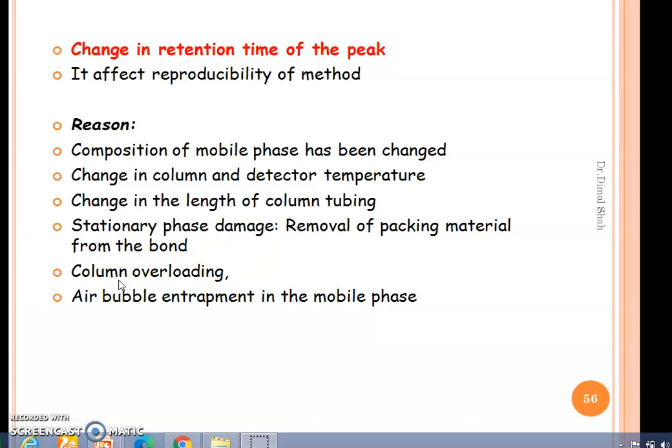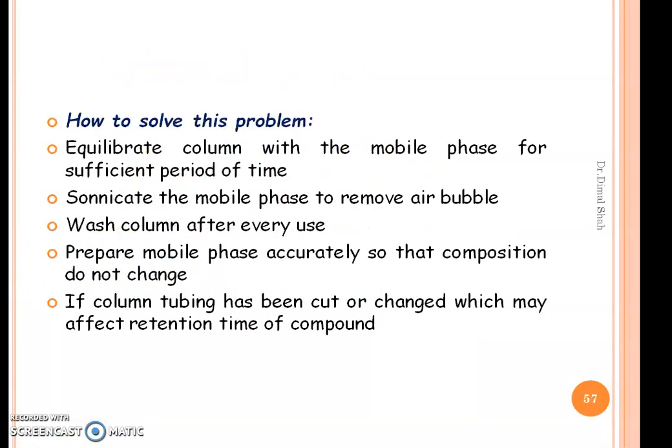Even in the previous problem we have discussed this point, that if excessive sample is loaded on the column, then there are chances of column overloading. Another reason is air bubble entrapment in the mobile phase. So due to this reason, there are chances of change in the retention time of the peak.